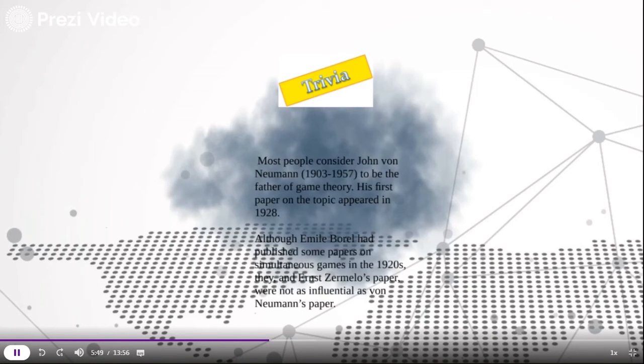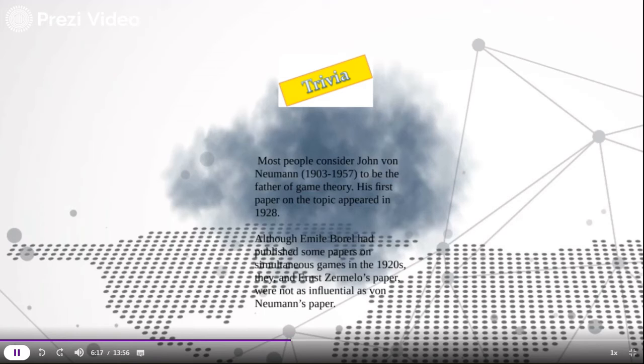But do you know that Emil Borel and Ernst Zermelo, whose theorem we have just now seen, published papers in the 1920s, much before the paper by John von Neumann was published? 8 to 9 years before that, they already published their papers, but it was not that famous.